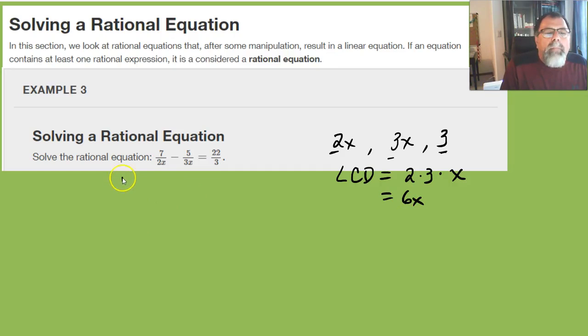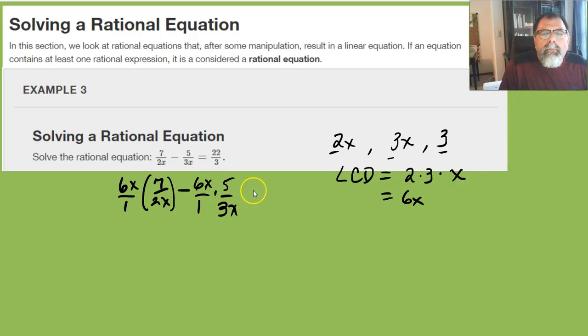Okay, now we're going to multiply both sides of the equation by 6x. And I'm putting it over 1. And then what happens is you're going to distribute. So I'm going to do minus 6x over 1. And we're doing it to both sides.